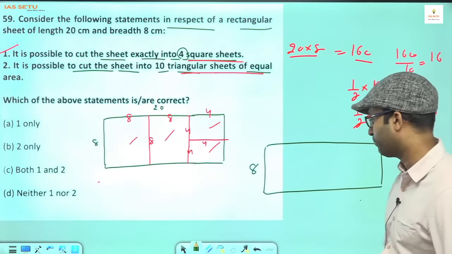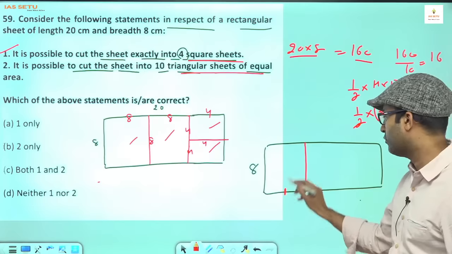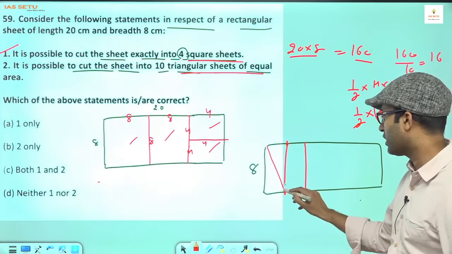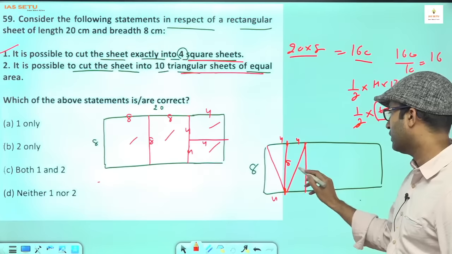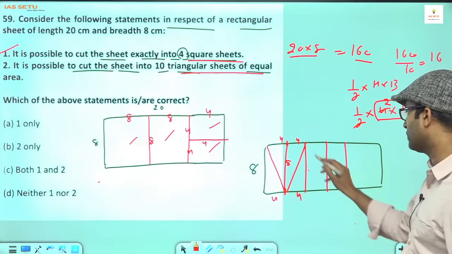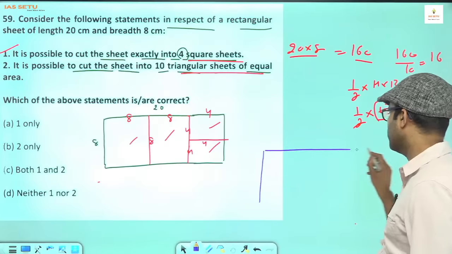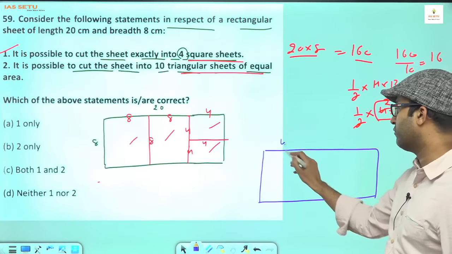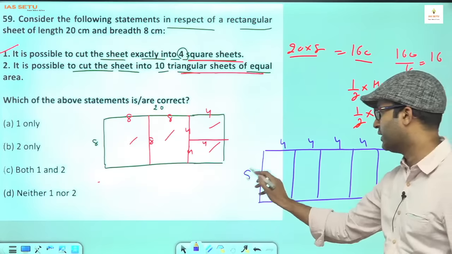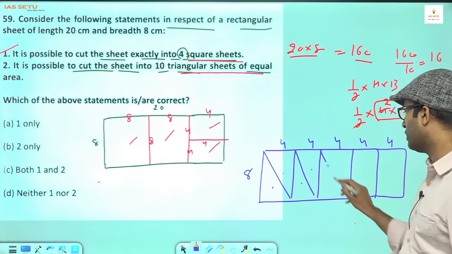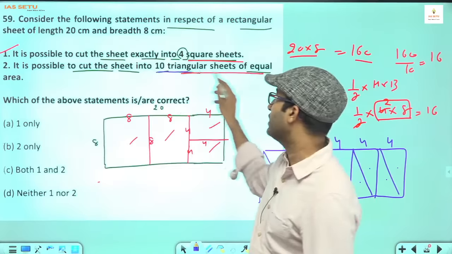This is 8, this is 20. Here 4, 4, what you do is make 2 triangles, make 2 triangles. This is 4 by 8, this is 4 by 8, 8 by 4, 8 by 4. More easily, divide the 20 into 5 parts, 4, 4, 4, 4, 4, and this is 8. 2 triangles each, 5 times, so we get 10 triangles of size 4 by 8, and these 10 triangle sheets have equal area.